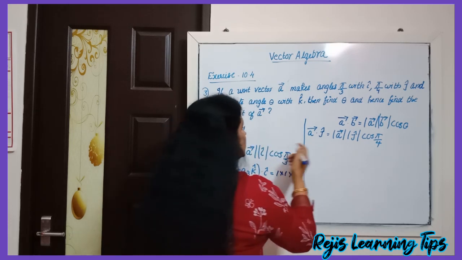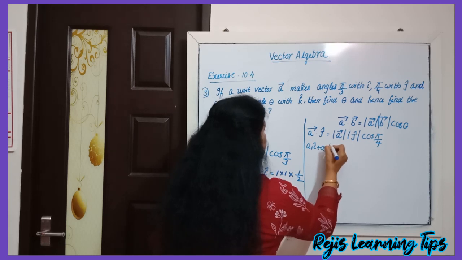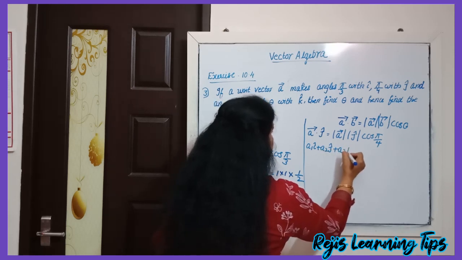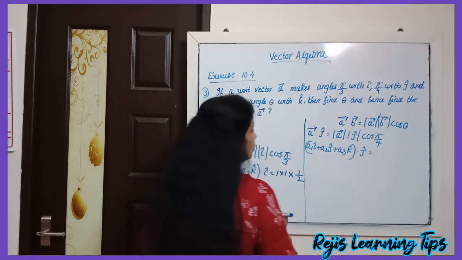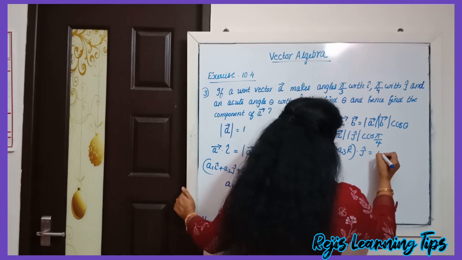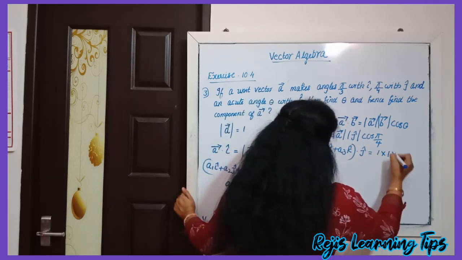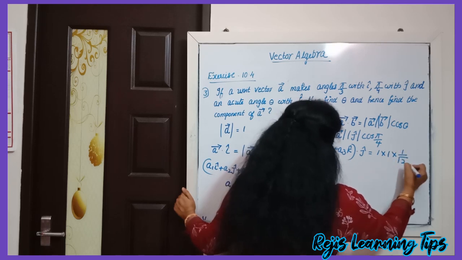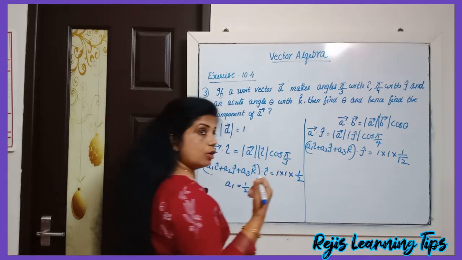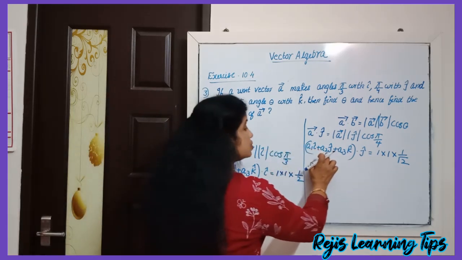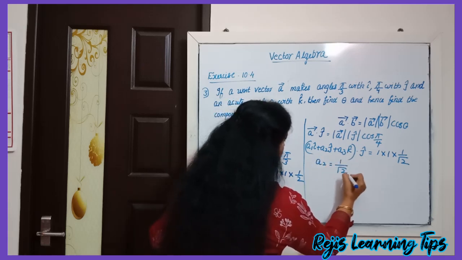Then vector A means A1 I cap plus A2 J cap plus A3 K cap dot J cap is equal to modulus of vector A, that is 1, modulus of J cap, that also is 1, into cos pi by 4, that is 1 by root 2. Am I correct? Then we should dot here only with J. So A2 J dot J means that is A2, that is equal to 1 by root 2.